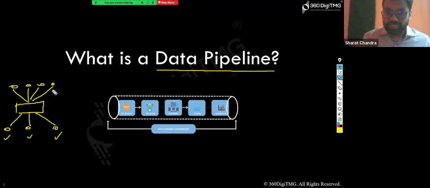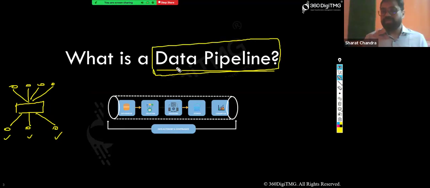They ensure these connections are established in an effective manner so that the data is always made available for them. These connections basically explain the flow of the data, and we call this entire exercise data pipelining.